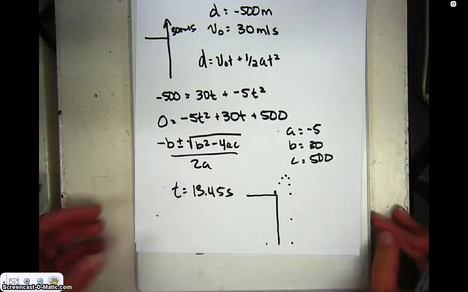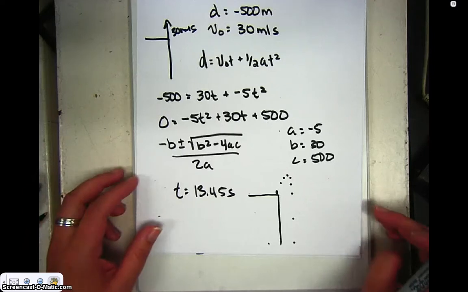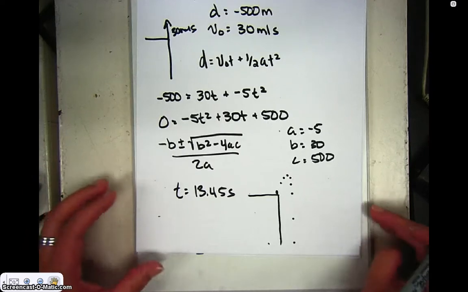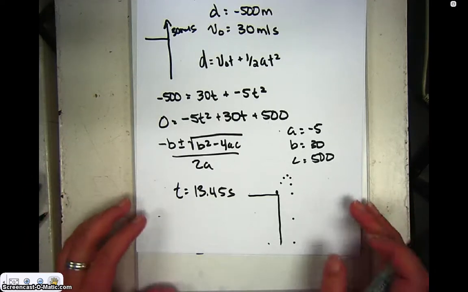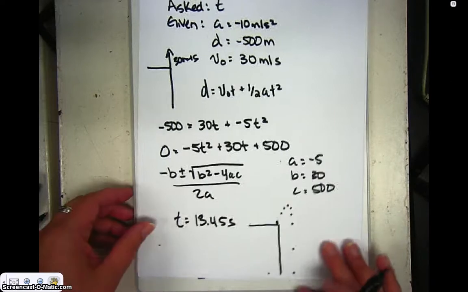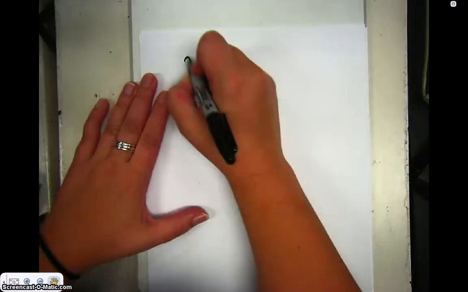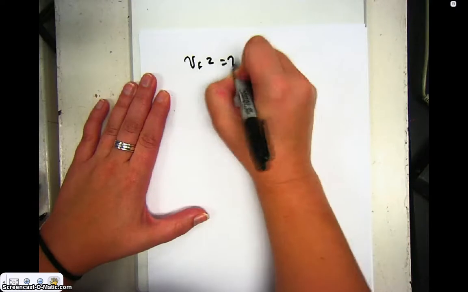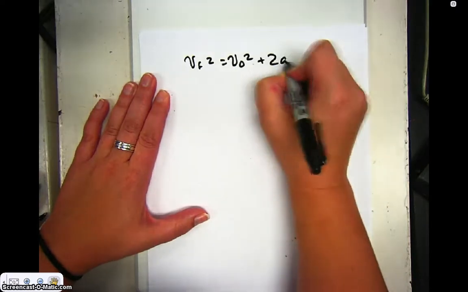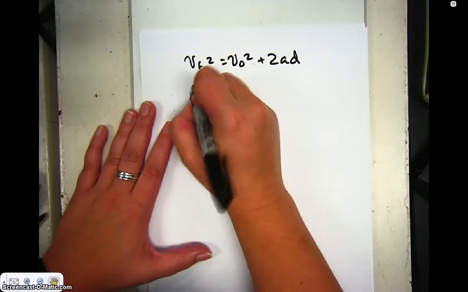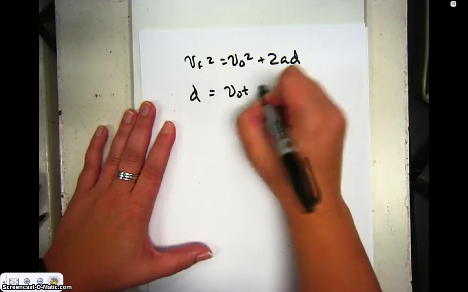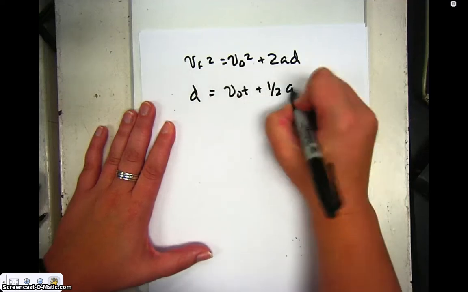Okay, so I hope this makes clear, and I know I went through those derivations sort of fast, but what's most important to remember is that we have these specific equations: Vf squared equals V initial squared plus 2AD, and D equals V initial T plus 1/2 AT squared.